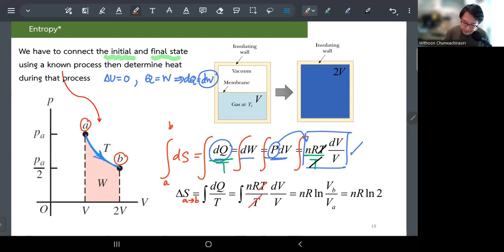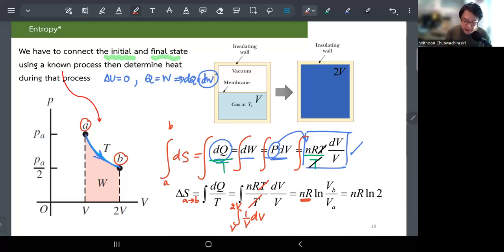So that's what you have. T cancels. nR is constant, I can pull it out. You only have to integrate 1 over V dV, which you guys know how to do. It's just log of V. So this integral will give you the integral of 1 over V dV from VA to VB. But now we already knew that the volume expands to twice as big as the original value.